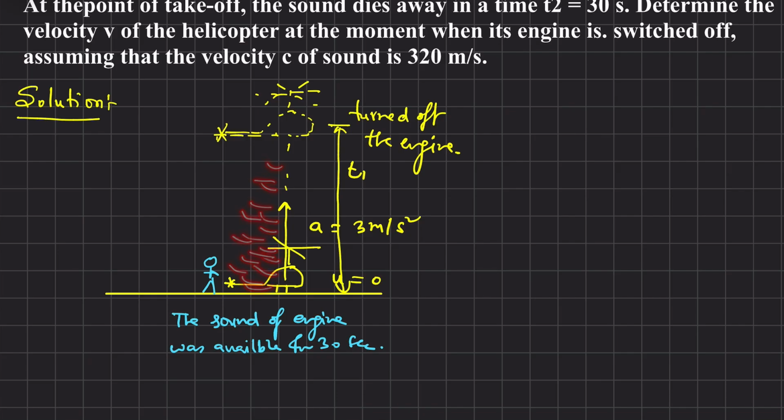It will be coming continuously to the receiver, and of course from the beginning up to t1 it was coming continuously to the person, who was hearing it, because a continuous wave was coming from the engine.